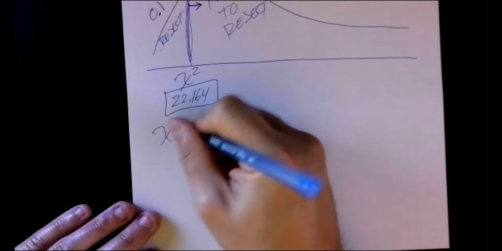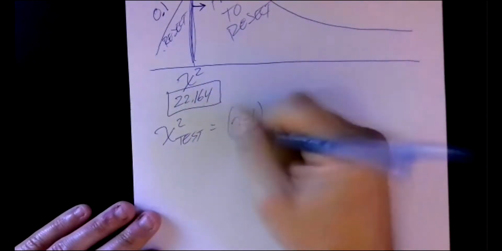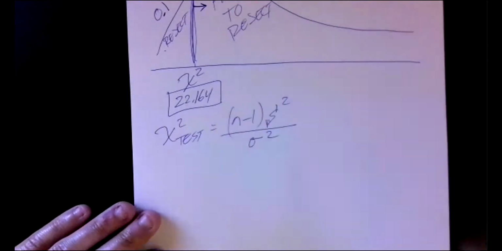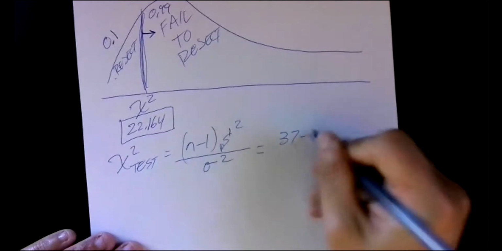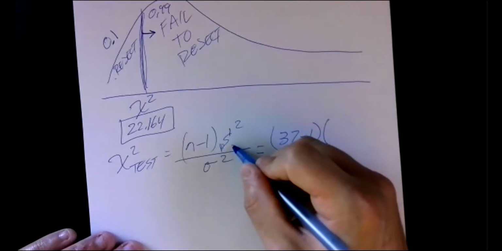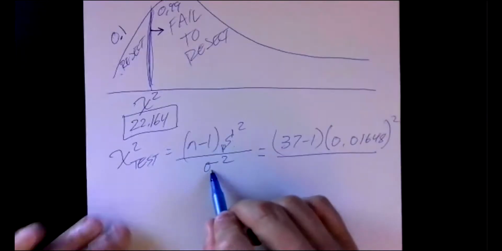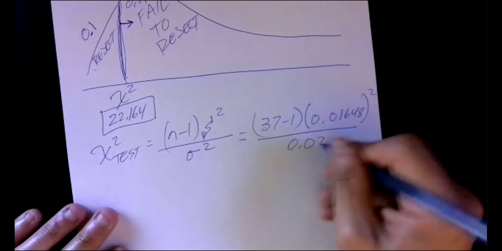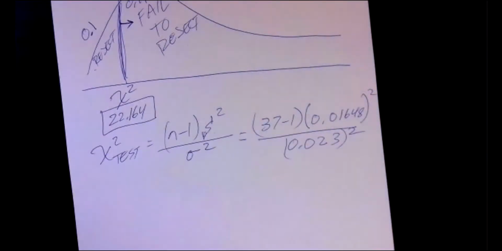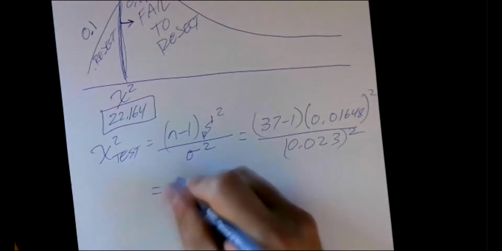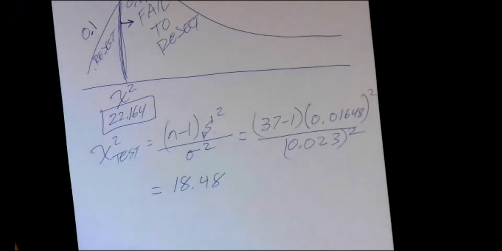Let's find the test statistic. N minus 1, S squared, over sigma squared. 37 minus 1 times S, sample standard deviation, was the 0.01648, the whole squared, over the assumed population standard deviation from the claim, 0.023 squared. 18.48, which is less than the critical value.